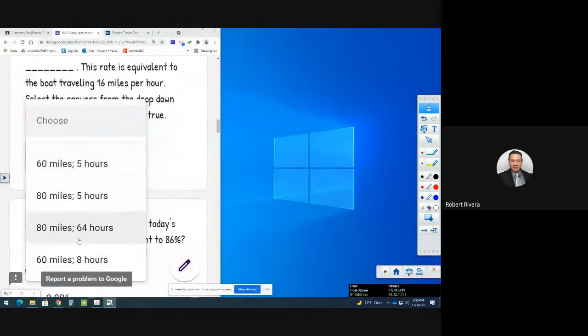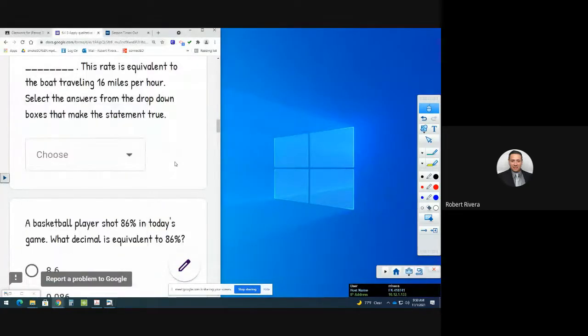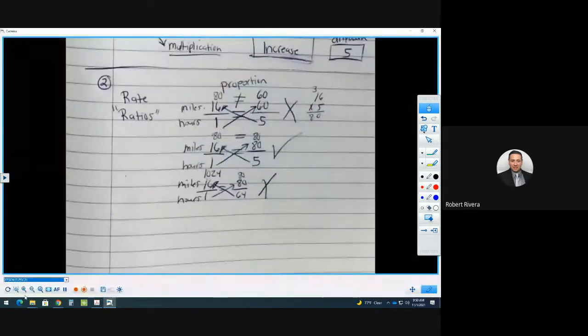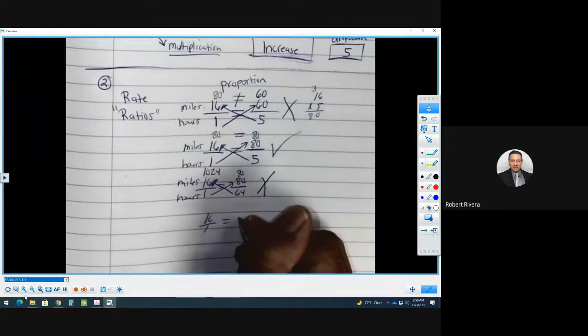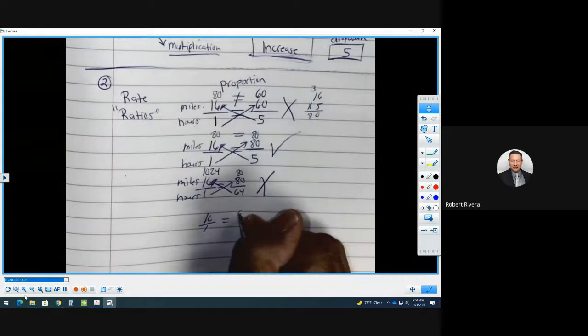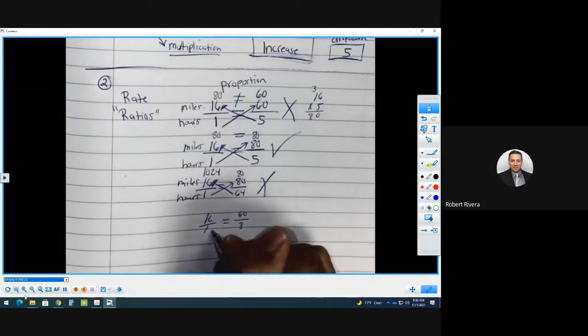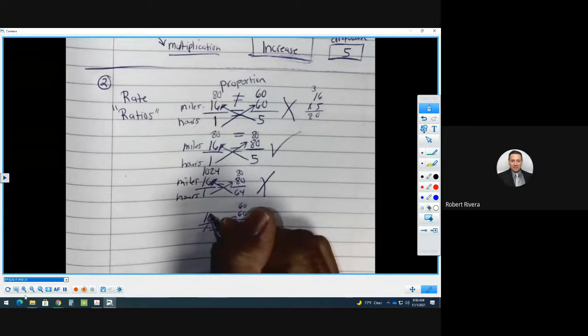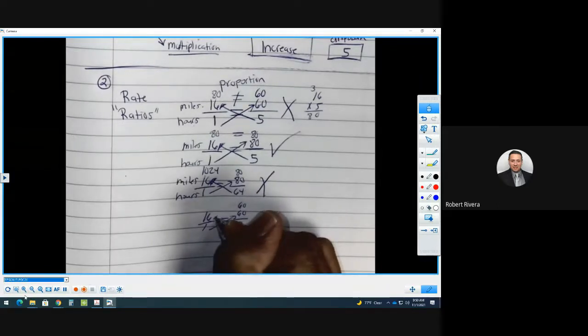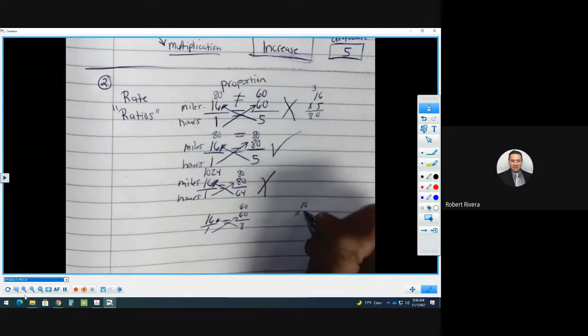The last one is 16 to 8. Same thing. I'm going to go ahead and create my proportion. 16 to 1. And it was 60 to 8. What's 1 times 60? 60. 8 times 16. Because I don't know, I'm going to have to go to the side. 16 times 8.